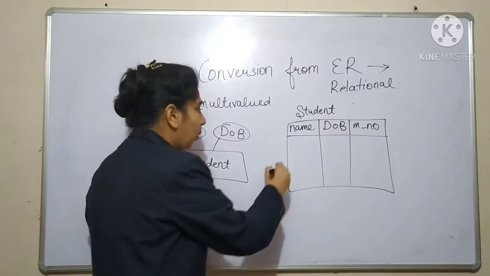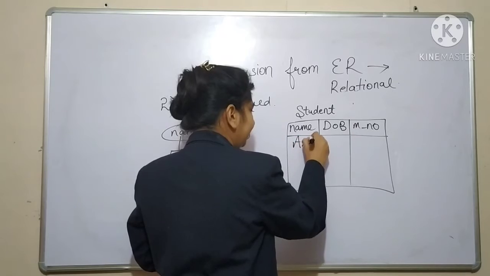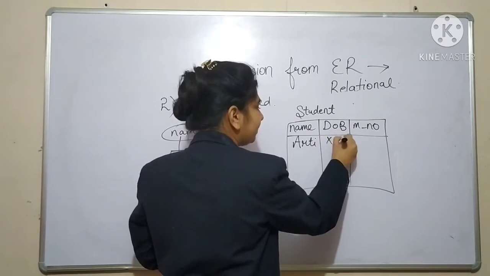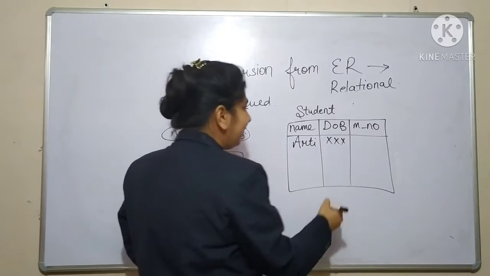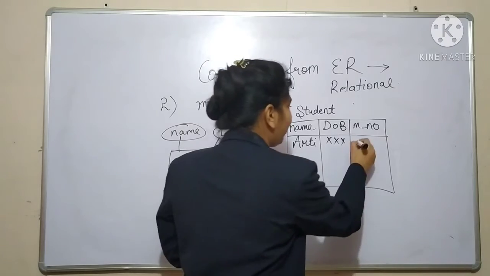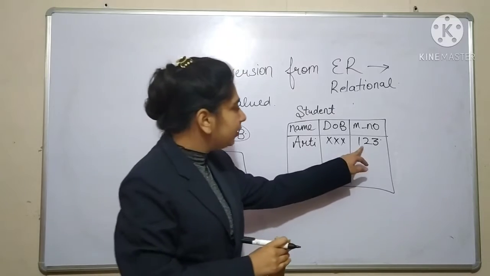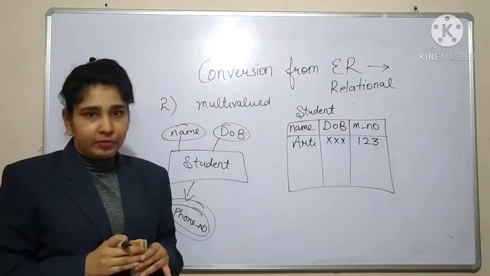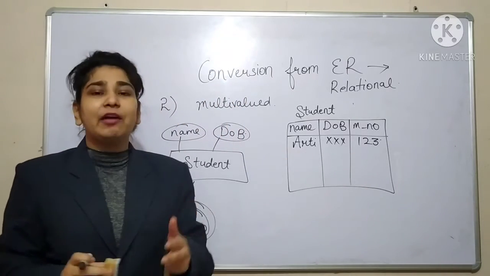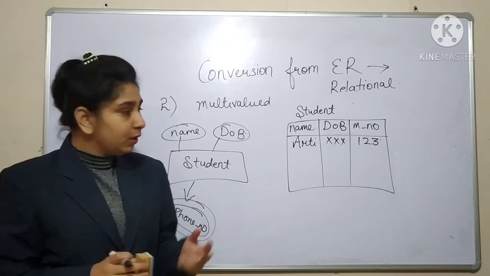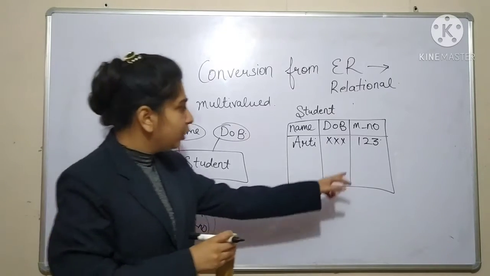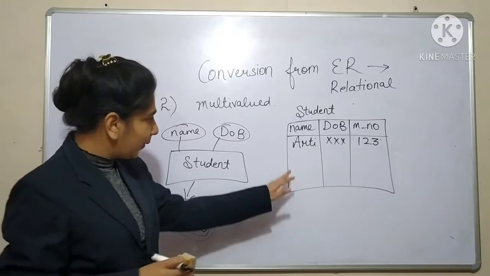Let's suppose we have name Aarti. Aarti has some date of birth, and let's suppose the mobile number is 123. So Aarti has two phone numbers, so we have to store two phone numbers.